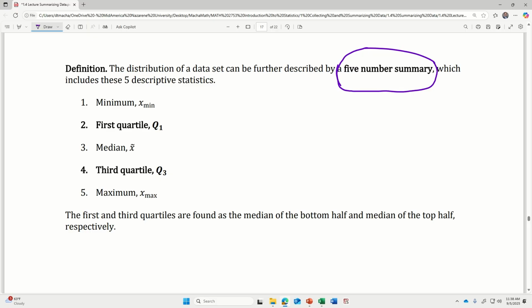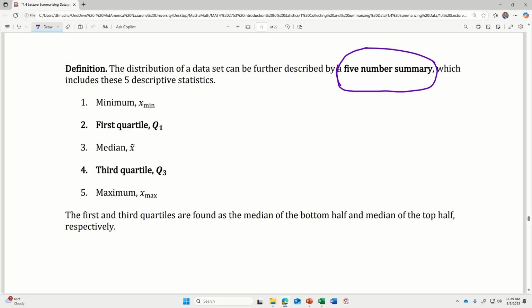And like it says, the first quartile is going to be the median of your entire data set that's below the median. Below and including the median. The third quartile is going to be the median of your data set that's above the median.